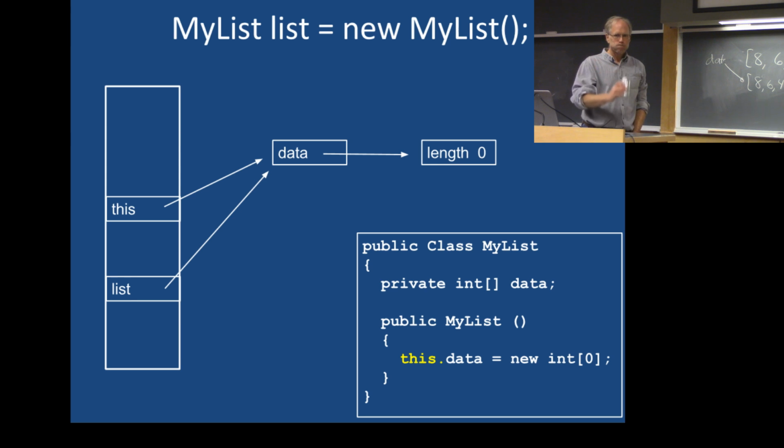This is a variable in the stack, a reference to the object being constructed. In this case, you see list and this refer to the same object. Like I say, I don't expect people to get all this the first day. We'll come back to it, and as you gradually get familiar with it, it'll work.